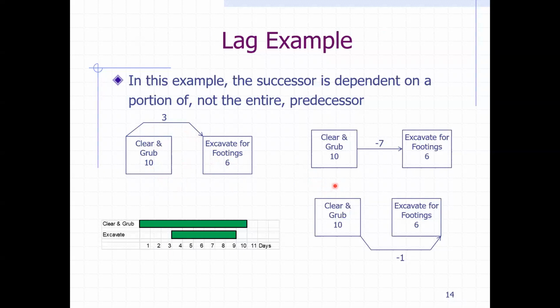The second one is finish to finish. The finish to finish could be written or drawn this way or this way. We covered this already, but just to recap quickly.